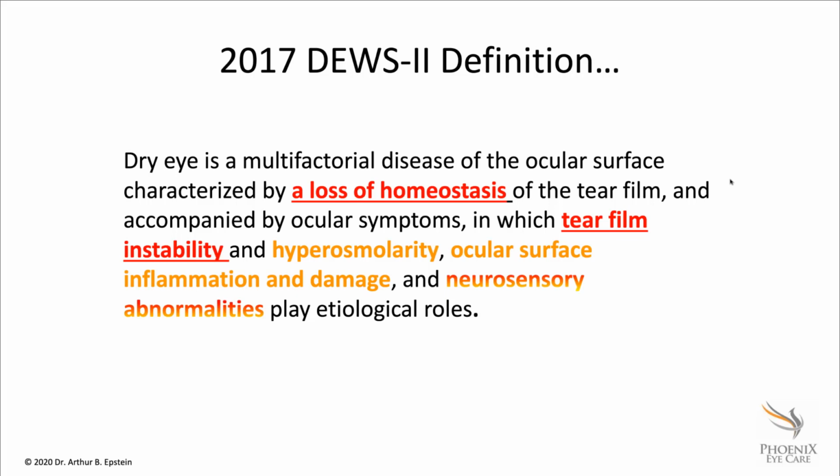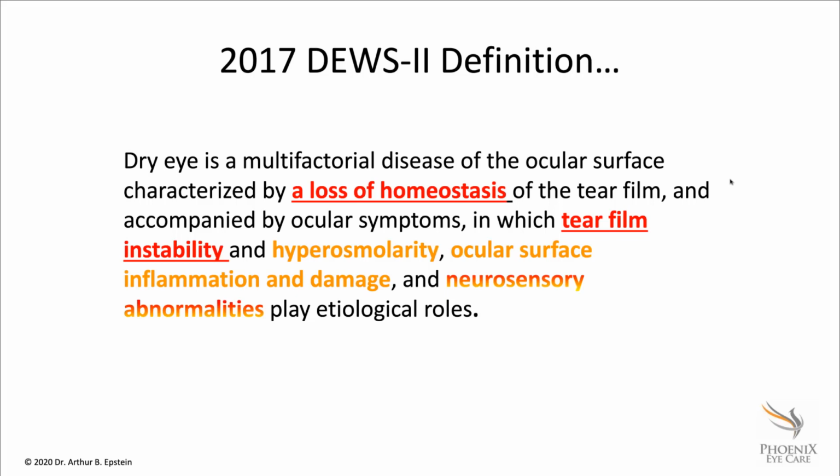But Kelly Nichols insisted, and she was the chair of the definitions group, on including a sentence segment, which is critical. Dry eye is a multifactorial disease of the ocular surface characterized, and that's old, by, and this is new, a loss of homeostasis. And we'll talk about that in tremendous detail in a minute because it's the key to enlightenment.